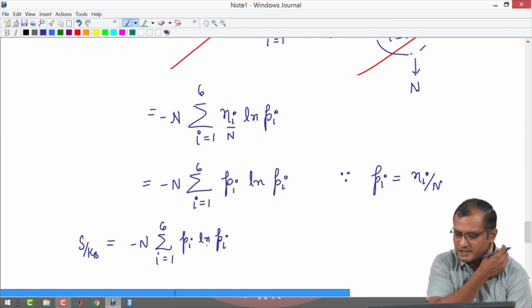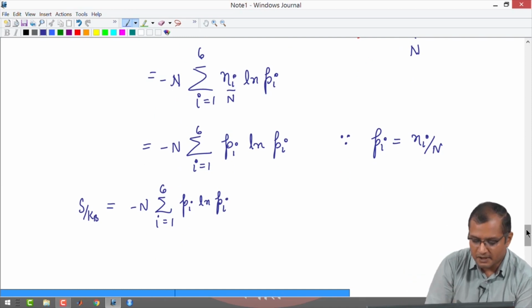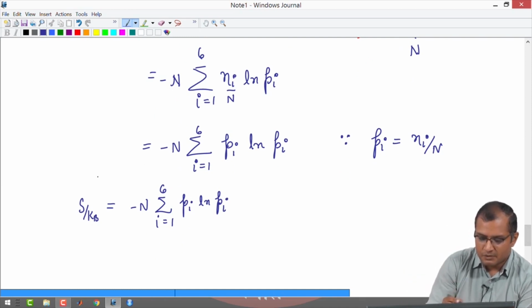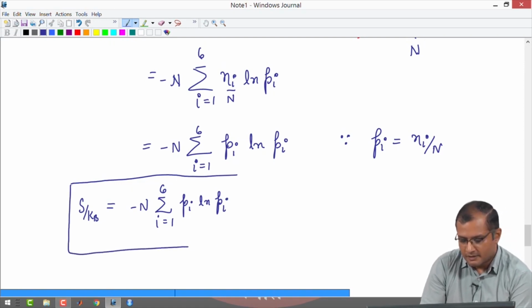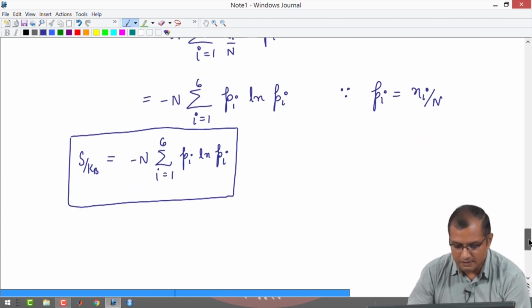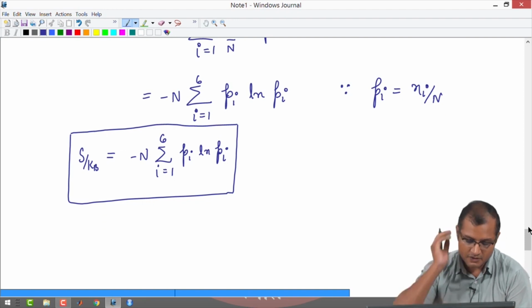Now, this is derived for a dice where each die can have 6 possible outcomes, but in general you can do it for any system where the number of states accessible to each particle is t.